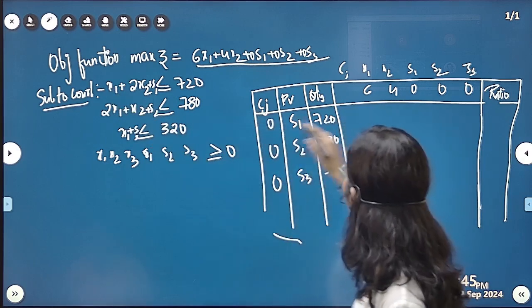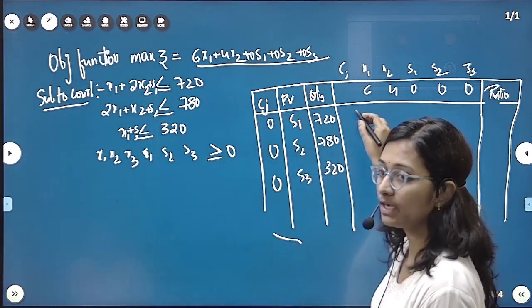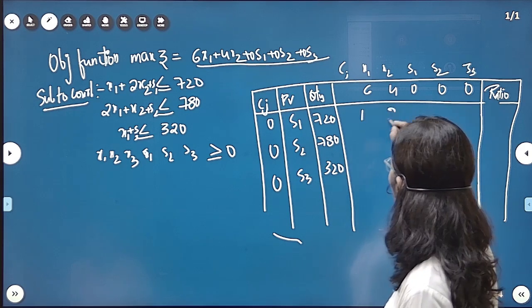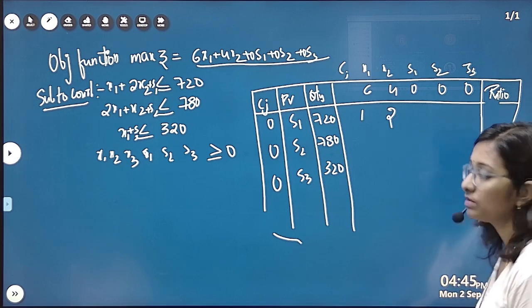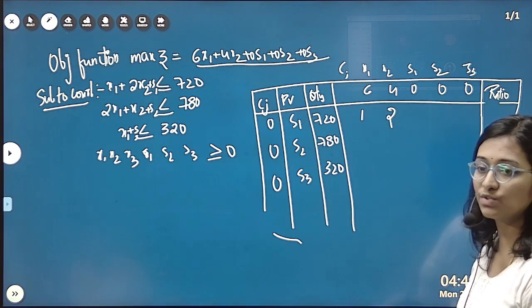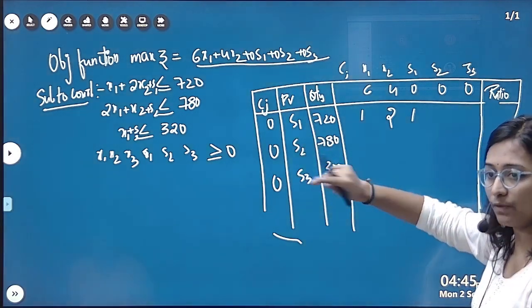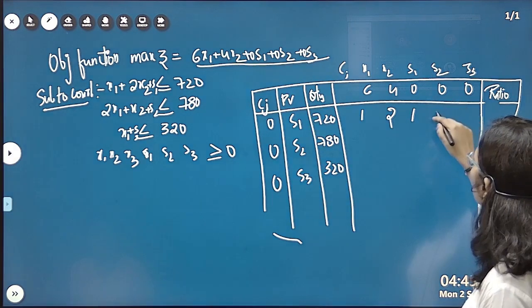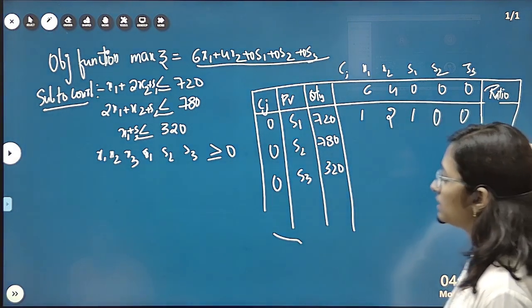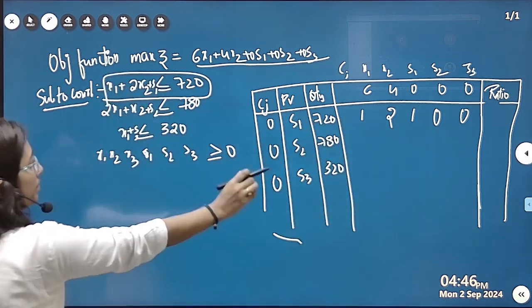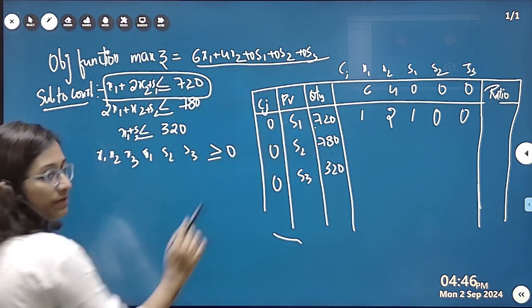Before x1 what is that? We can take as 1. 1x1, right? So here 1. Next 2x2, right? 2. So the slack variable only S1 is there. So beside S1 we can take value 1. Here the S2 is not there, S3 is not there. Here in this equation, as it is we are copying. This is the quantity 720.